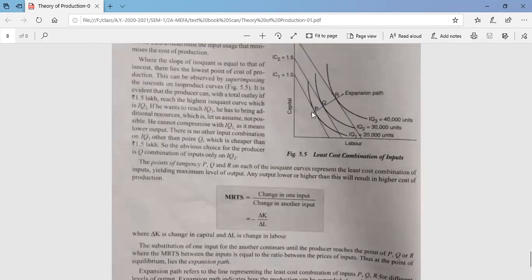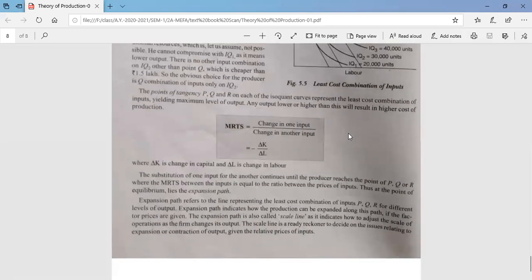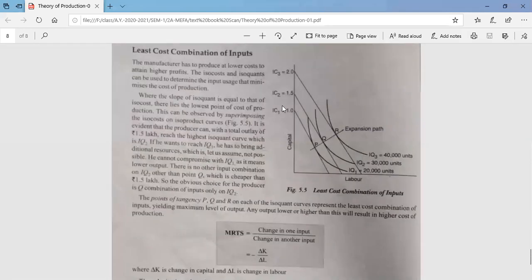If you want the best output, least cost combination, this is the thing. We have to go straight from P to Q and from Q to R to get the best outputs to produce 20,000, 30,000, 40,000 units. Okay. That's all for today.